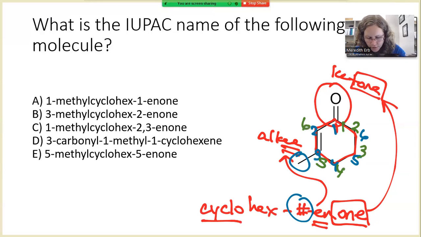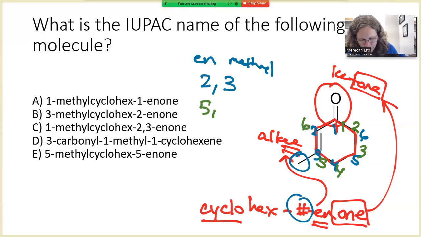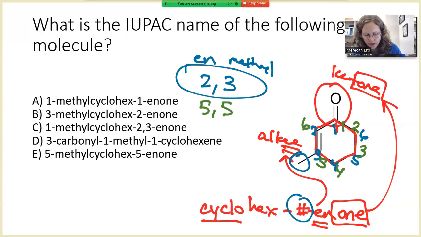If we go counterclockwise, the locants that we'll have are 2 and a 3. The 2 will be for the alkene, the 3 will be for the methyl group. If we go clockwise, we would have a 5 and a 5. You're always going to be looking for the lowest possible locant, and that's why we go counterclockwise here.